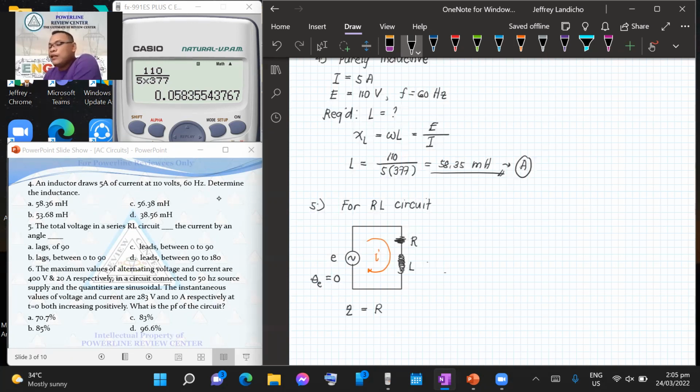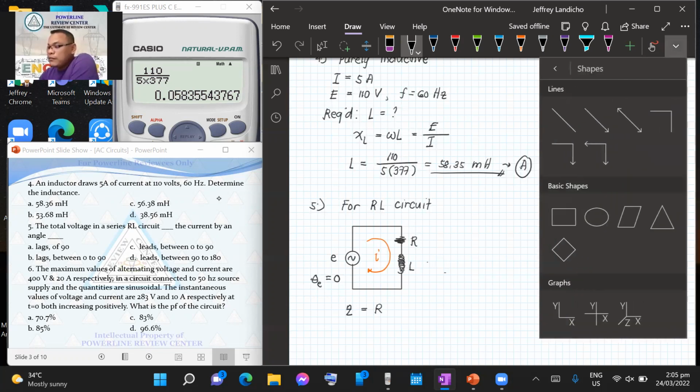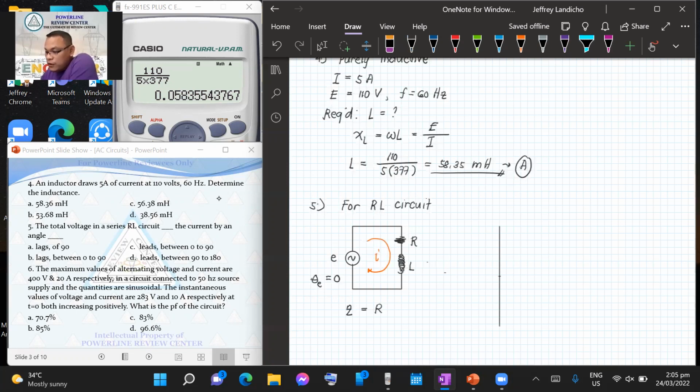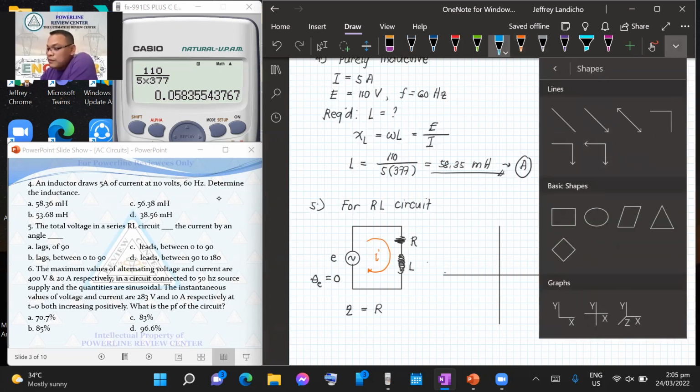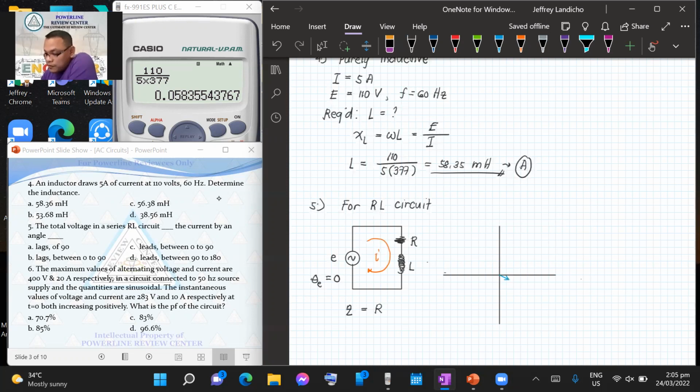Since we know our resistance is a real number, when we plot it, it is on the x-axis. This is our R. Now, we know that the inductive reactance is at positive j.